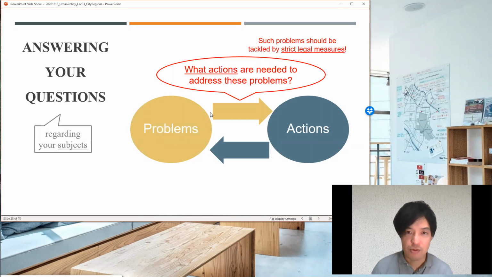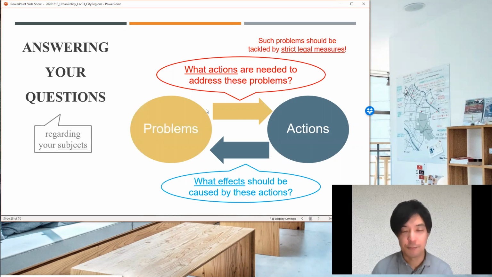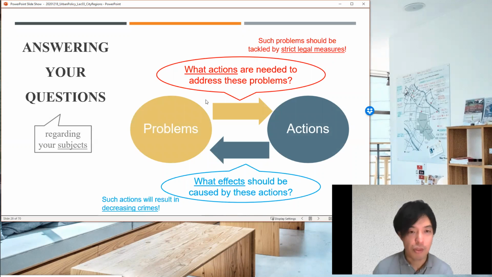Another research question may be this: What effects should be caused by these actions? And then you have to give the answer like this: such actions will result in decreasing crimes, for example.